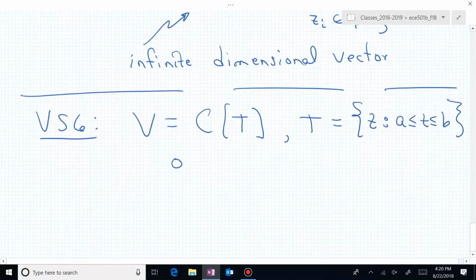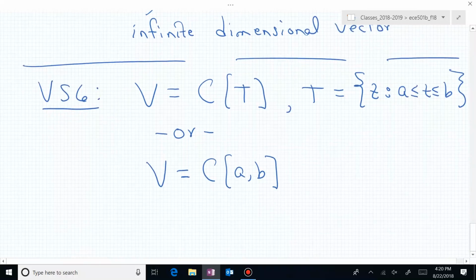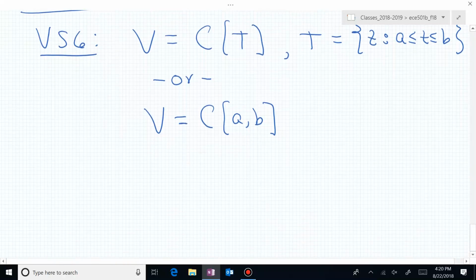Or you might see this written as V is equal to C, open square bracket, a comma b, close square bracket, where C now represents the set of continuous functions on this closed interval between a and b.